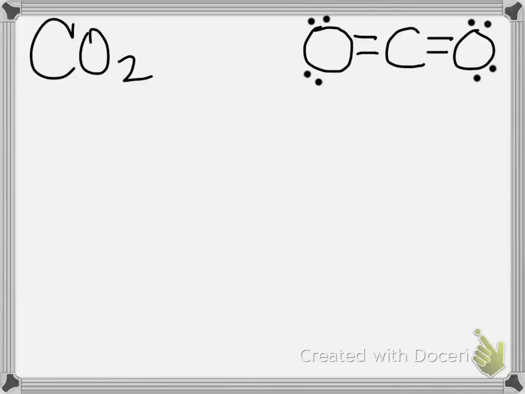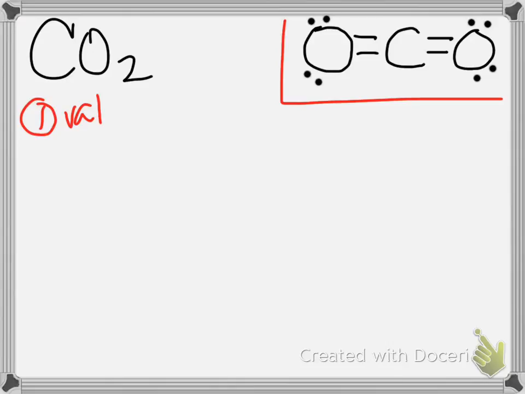Okay, so we're going to use the Gooch method, and we already have arrived at an answer here. We know that that's the right answer. We've got it set aside. But what we want to do is see how we back that answer up numerically. So with the Gooch method, the very first thing you do, step 1, is count the valence electrons that each atom is bringing to the table.